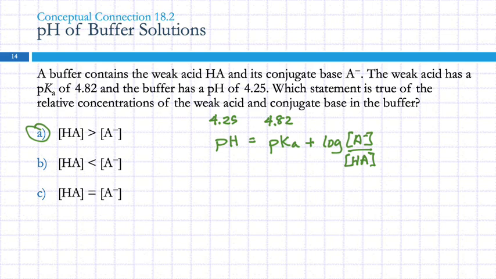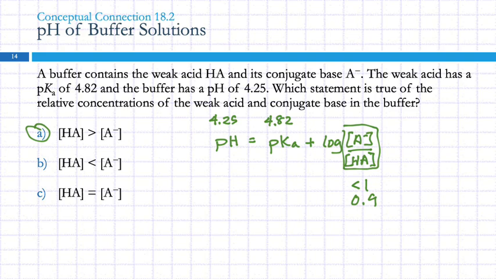So that would be A minus being smaller than HA. That means this fraction is less than 1. So let's call it 0.9. What's the log of 0.9? If your thinking cap isn't on, just do it on your calculator.